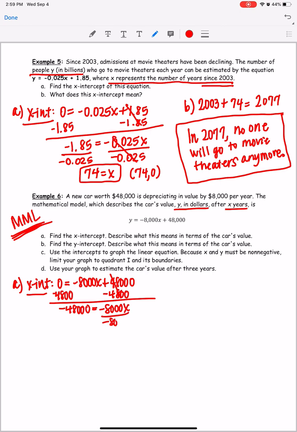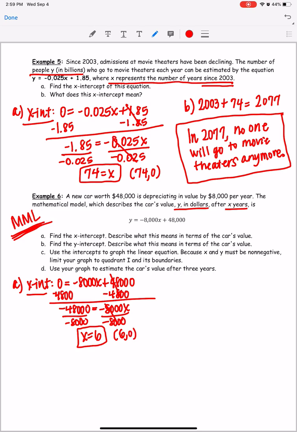Divide by negative 8,000, and we get x to be 6. Now again, this doesn't say write as an ordered pair, so this is acceptable, but that would be (6, 0).